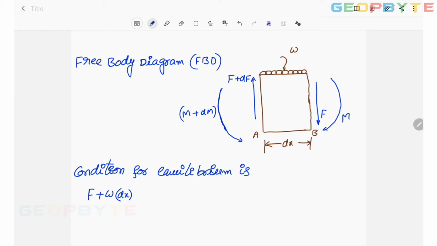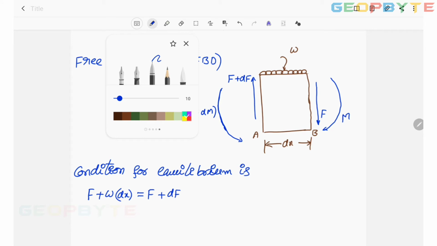Now F plus W, F is acting vertically downwards, UDL multiplied by UDL distance also acting vertically downwards. It must be equal to the vertically upward forces. What is the upward force? Vertical upward force F plus dF. The F cancelled.